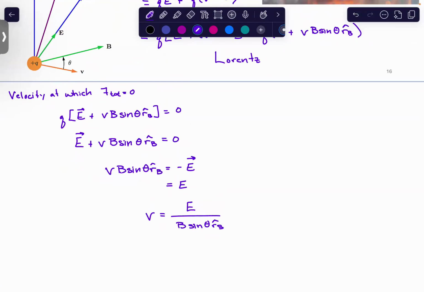And what angle do we have where the force is zero? The total force.